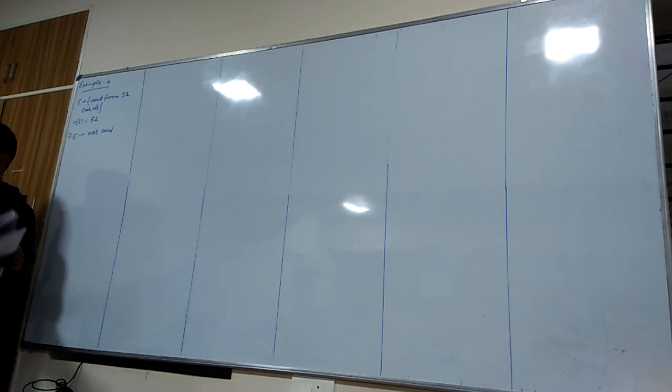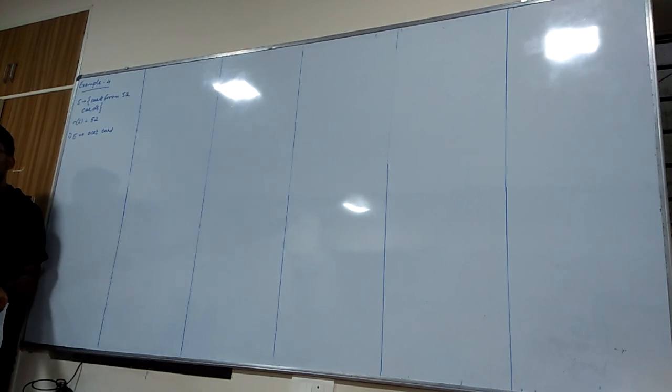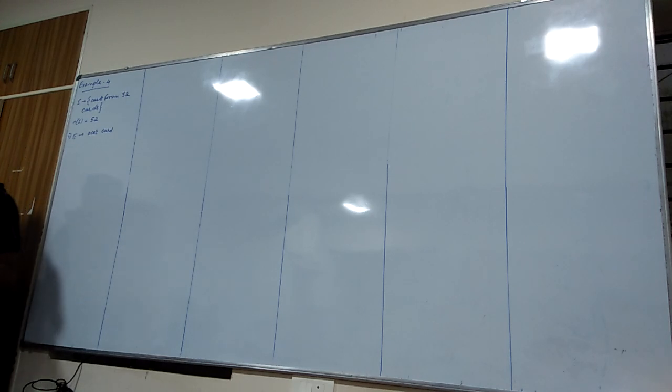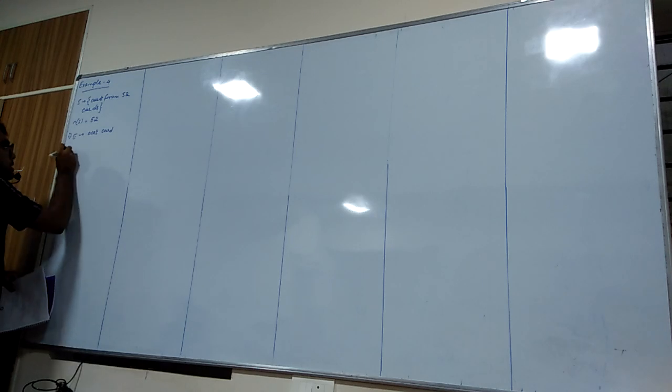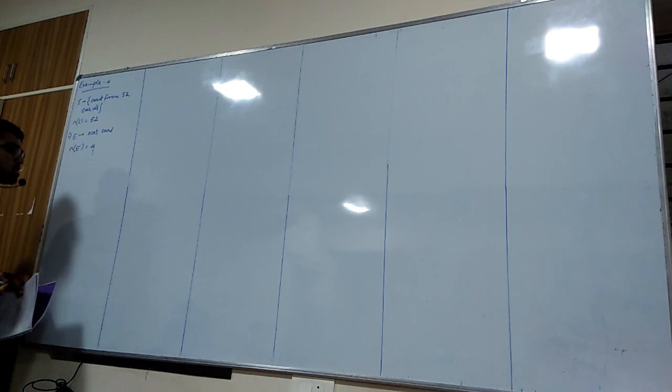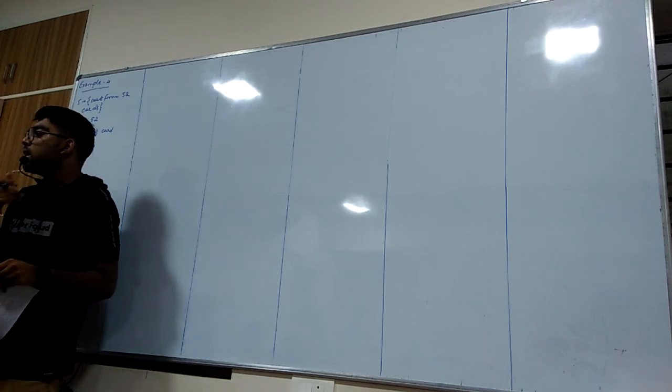Overall there are 4 sets, and each set will have a single ace. How many sets do we have? 4 sets. So there are 4 aces. Clear? In a deck of 52 cards, there are 4 aces.